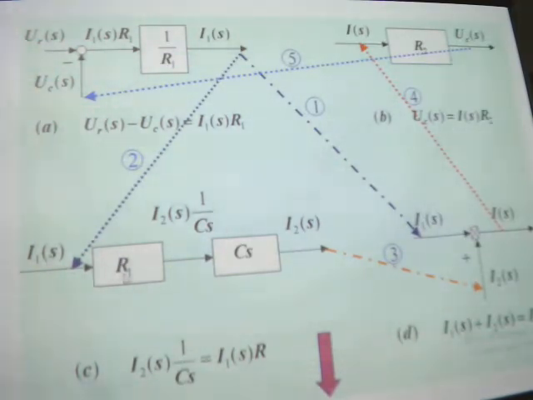I1S times R1, now, is equal to CS and IS. We can see here, this I1S times R1 times CS equal to I2S.